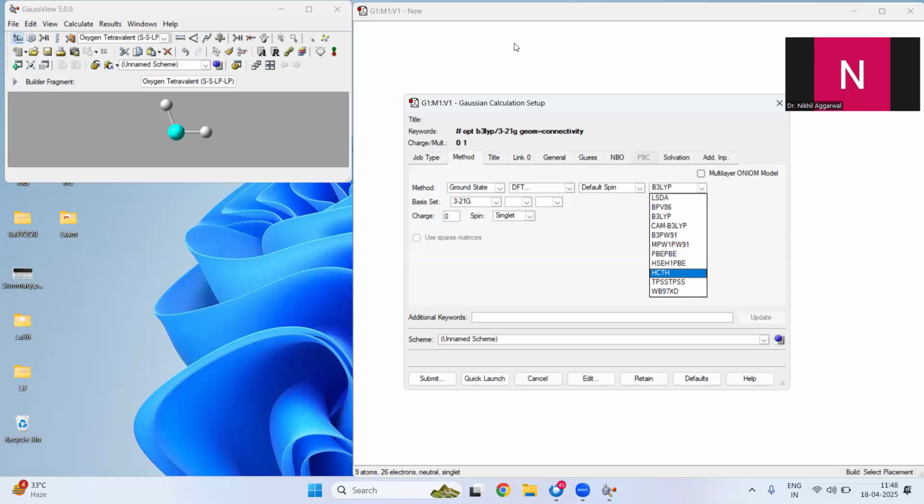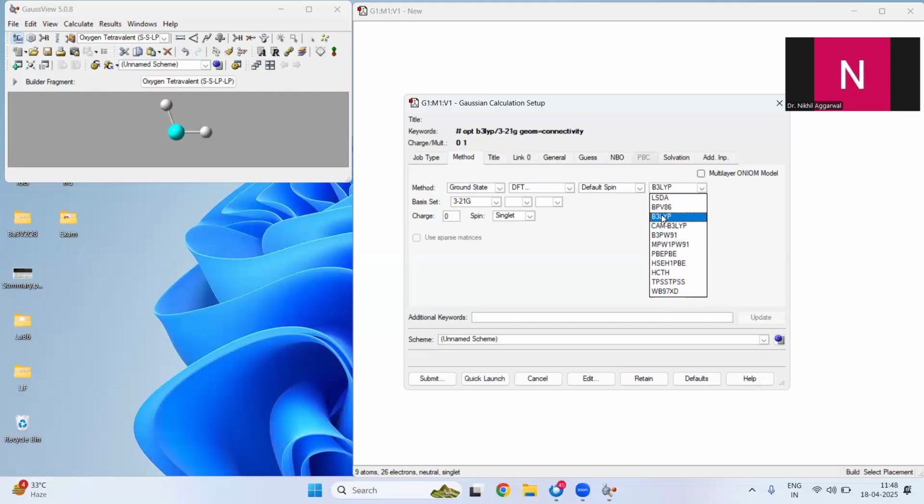Ashok, see, over here you just have to look whether you have d orbitals or not. If the d orbitals are there and if they are filled, don't go with the B3LYP. If they are filled, go with the omega B97XD. So ethanol, carbon, hydrogen, oxygen, none of the atoms has a filled d orbital, so I can simply select B3LYP.